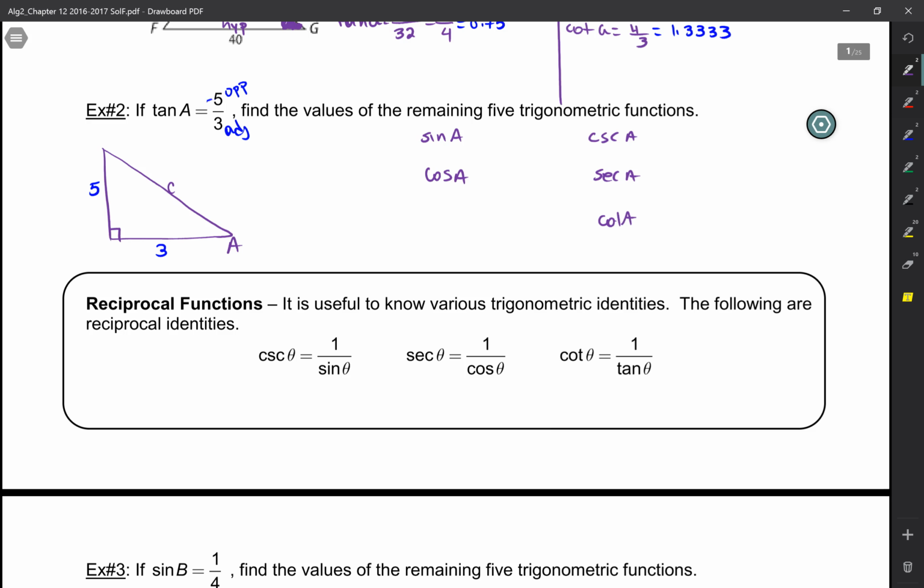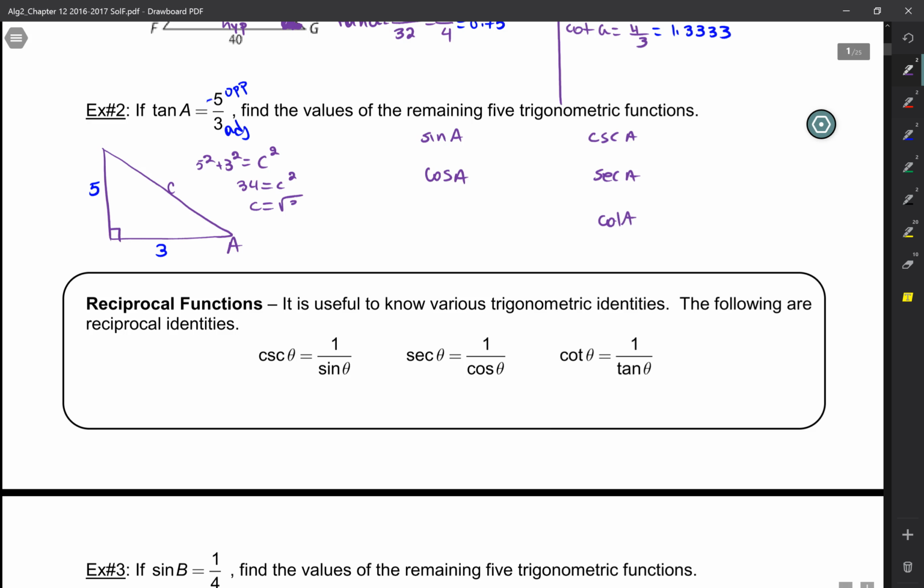It's Pythagorean, all right? So 5 squared plus 3 squared is equal to c squared. 25 plus 9 is 34, is c squared. So c is just root 34, and we can't simplify that anymore, so we just leave it as root 34. Okay, so now, sine of A is 5 over root 34.